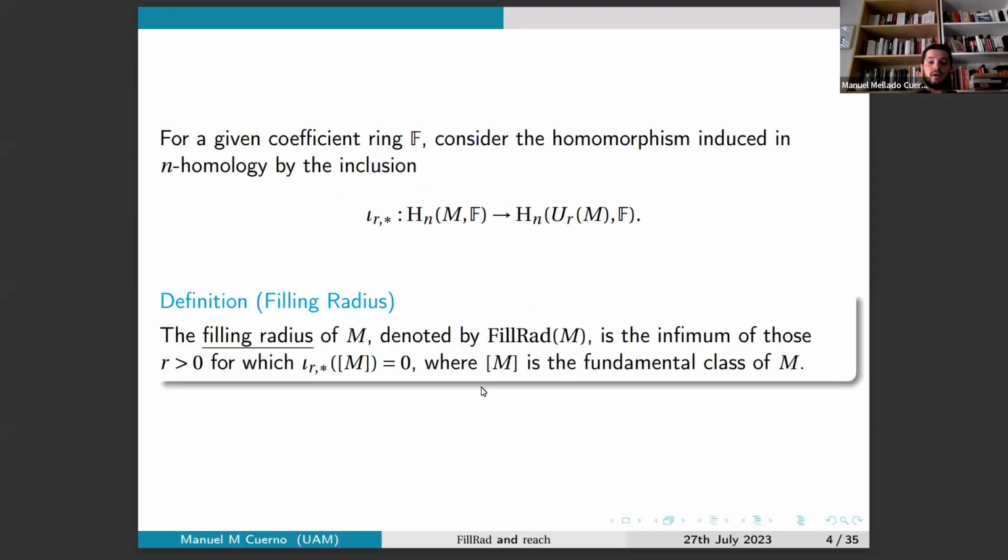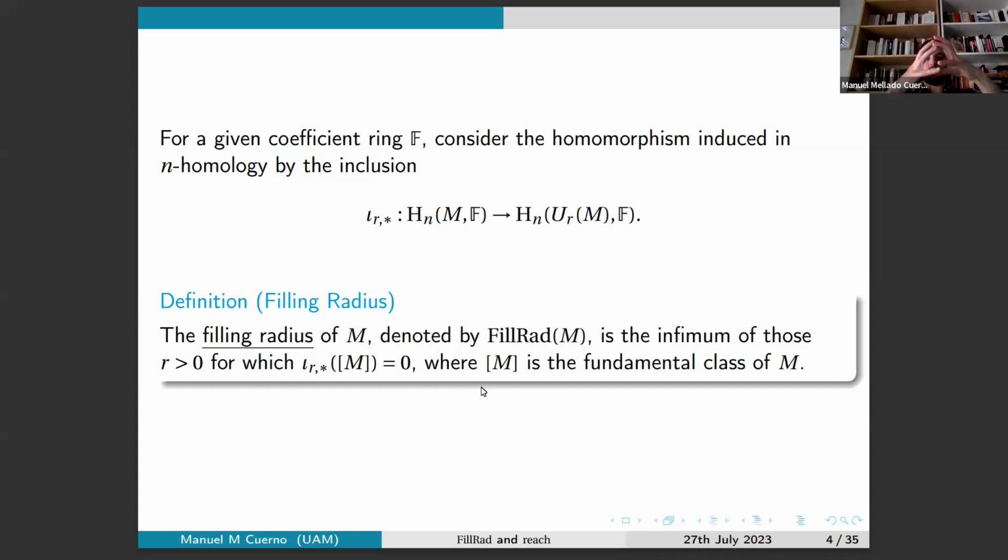So now we can define the filling radius. The filling radius of M is the infimum of those r greater than 0 for which the fundamental class vanishes under the induced map iota_r. A more geometrical perspective: imagine a compact n-manifold that captures an (n+1)-dimensional hole.